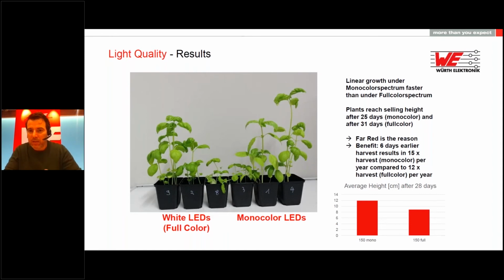We can get selling height a lot faster, 6 days faster, which means in a whole year we can have 3 times more crops than with the full color. Please take these numbers with some consideration, because this is only one experiment made in our lab, and further work on this needs to be done. But of course, we're always working further, and if you have any questions, you can always contact us for more information, or we can go into a discussion.